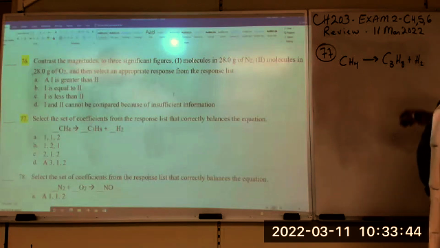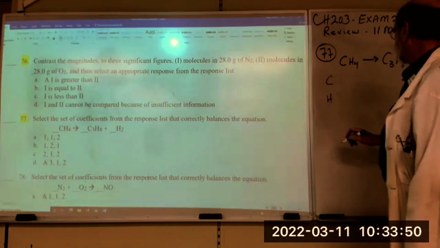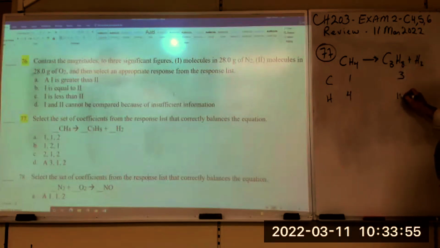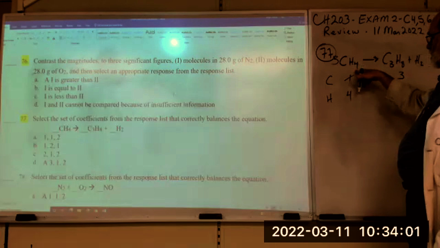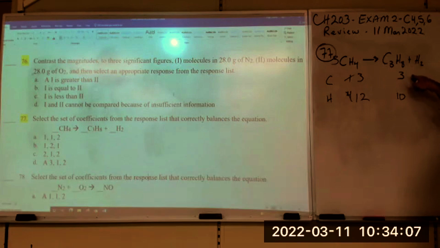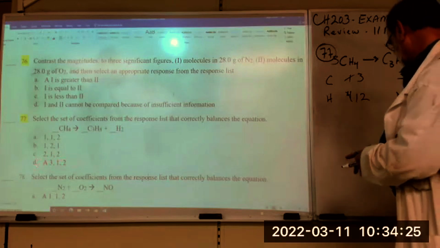Since we have hydrogen in two different places, we better use the budget. Carbon, hydrogen. So 1 carbon, 4 hydrogens, 3 carbons, and 10 hydrogens. Carbons, we need 3 here. That gives you 12 hydrogens. And on this one, we got 8 here. We need 4 more. Okay. That should be it. So it's 3, 1, and 2. 3, 1, and 2. Okay.